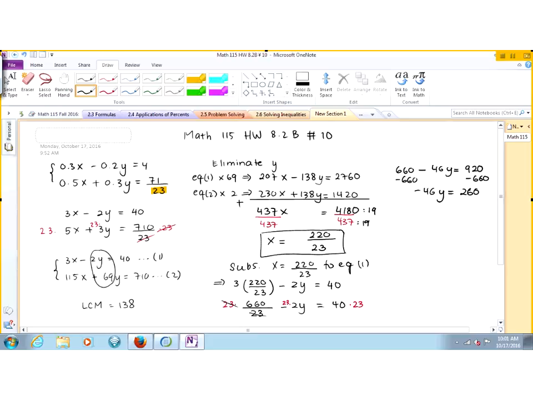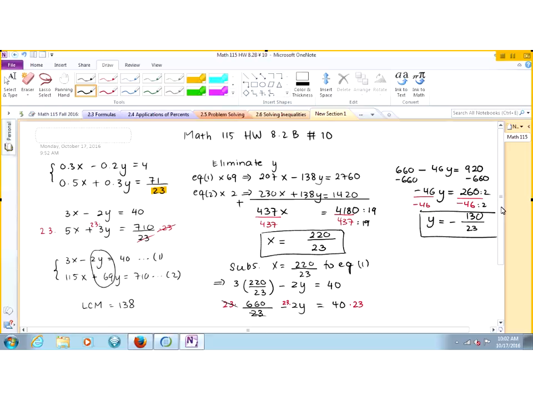All right. Now divide by negative 46 on both sides. Well, we have to reduce here. Divide by 2, right? So something over 23. 130 over 23. All right.